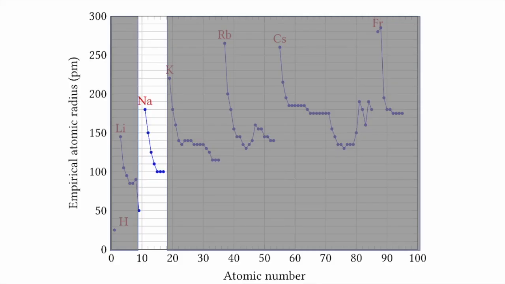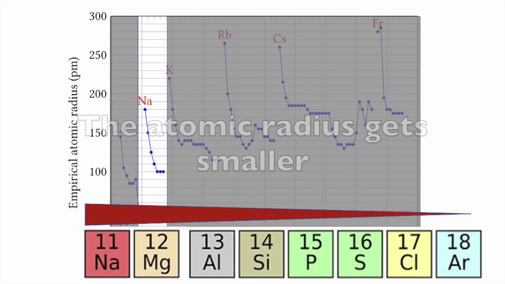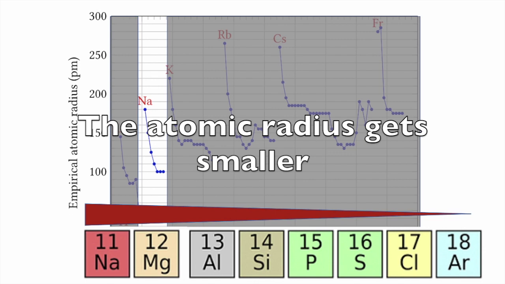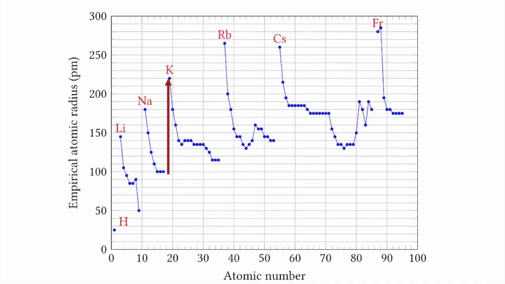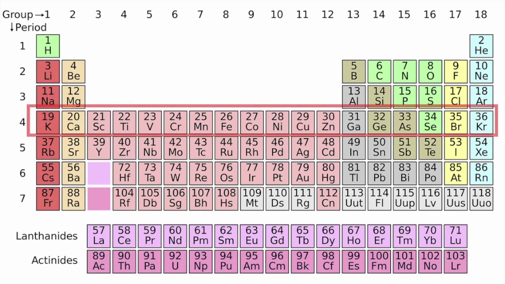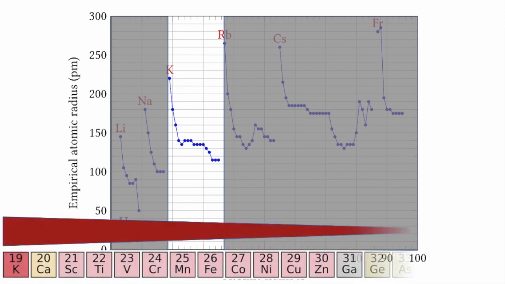As we work our way across the third period, we see a similar pattern. As the atomic number gets larger, the atomic radius gets smaller. And then, all of a sudden, the atomic radius goes up again when we get to potassium. Notice that potassium is in the fourth row. But just like with the other two rows, as we go across that row, that period, the atomic radius gets smaller.